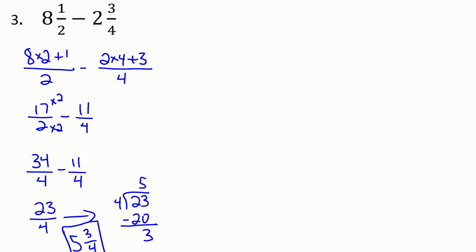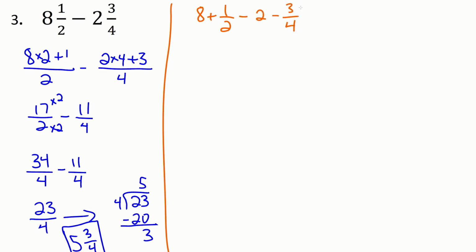So now let's see how that works out going the other way. So keeping the whole numbers, we're going to have 8 plus 1/2 minus 2 minus 3 over 4. Again, both of those last two get a minus because it was a minus 2 3/4.